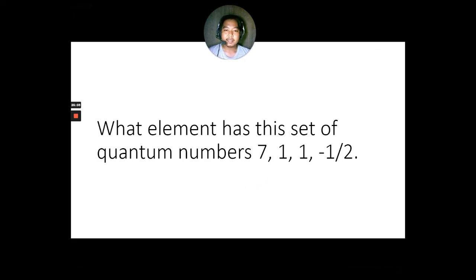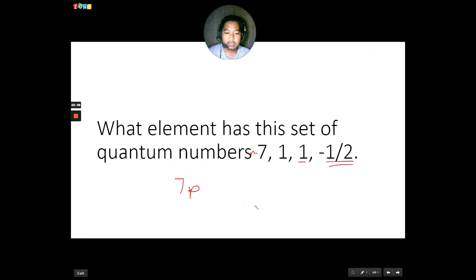What element is this one? Alright, hopefully you've tried it or you've paused the video. Similar, n is 7. You can label it if you're confused. n is 7, l is 1, ml is 1, ms is negative 1/2. So 7, and 1 is P, 7p. And then it lies on a downward electron, a spinning electron with a downward motion, that stops at the first orbital.